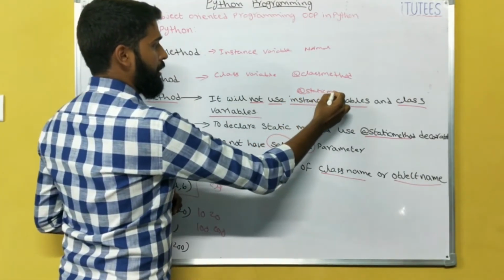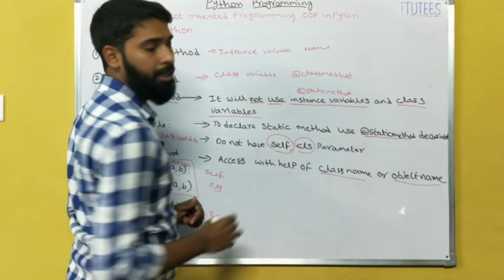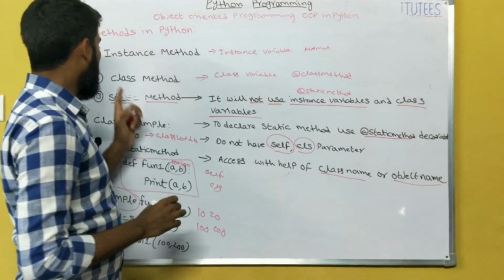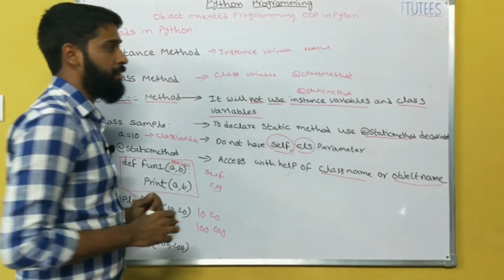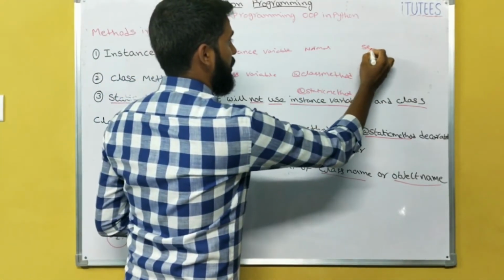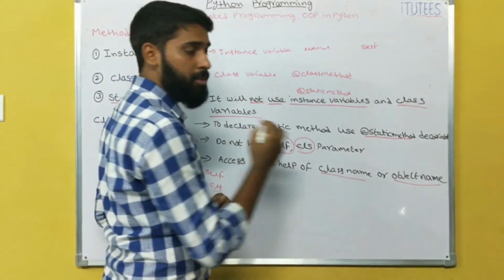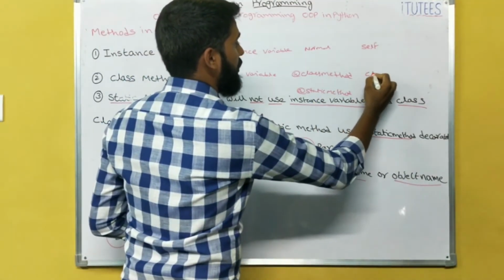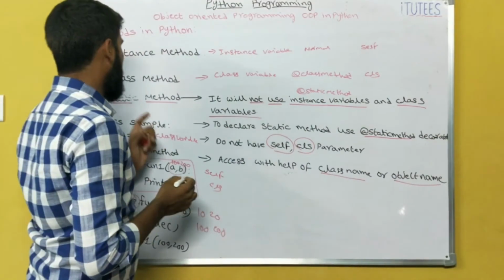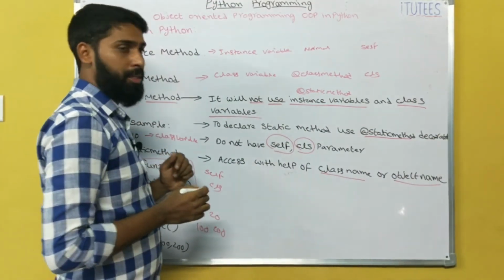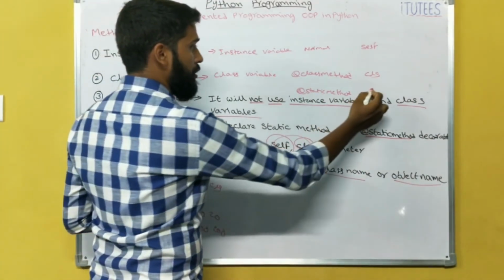How can we access the instance variables in an instance method? By using the self parameter. How can we use class variables in a class method? With the help of the cls parameter. In a static method we don't use these two.